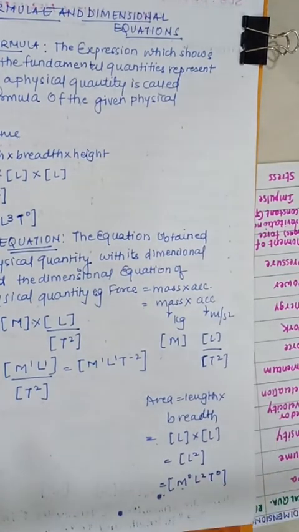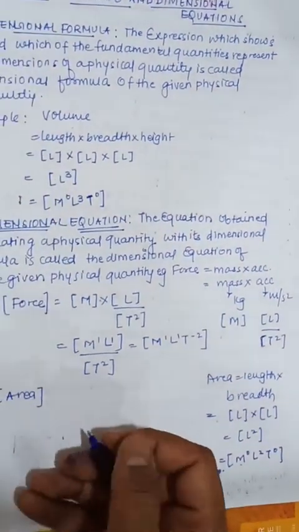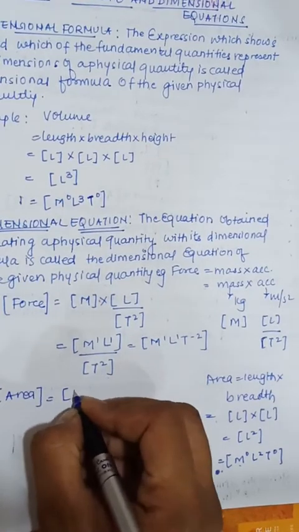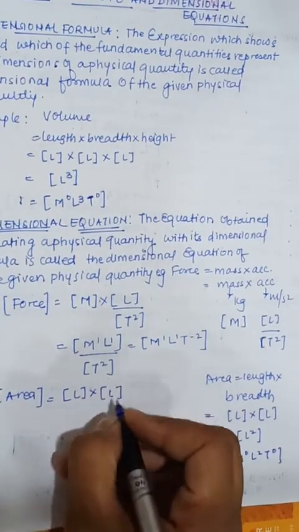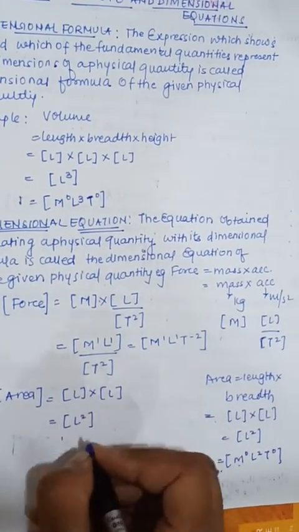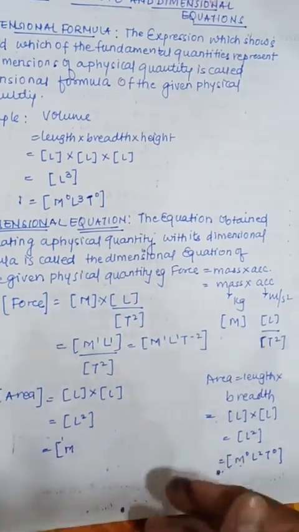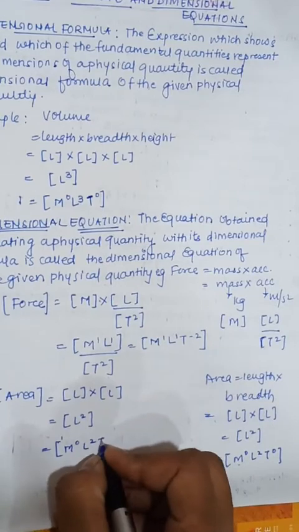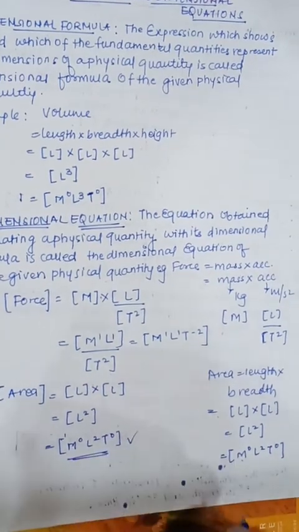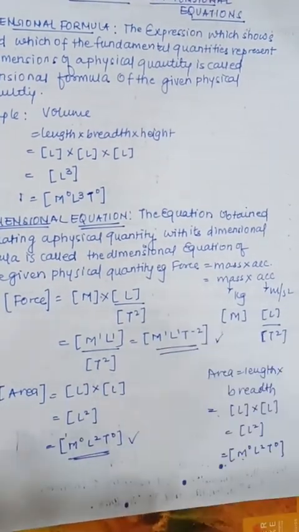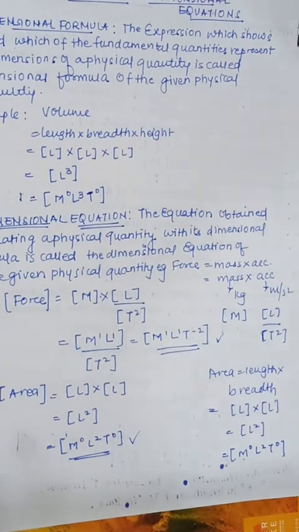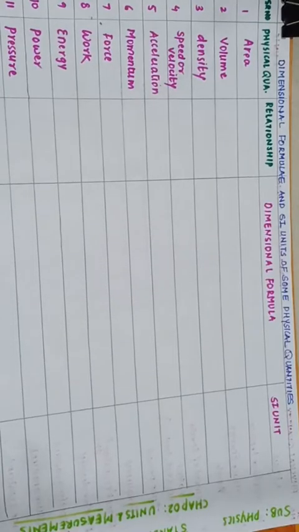There is no mass and time, so you have to put 0. So here in the case of area I can write what? L into L. So I am going to get what? L2, but you have to represent in 3 quantities term, therefore it's M0 L2 T0. This is the dimensional formula for area. This is the dimensional formula for force. Hope it is cleared. Fine.